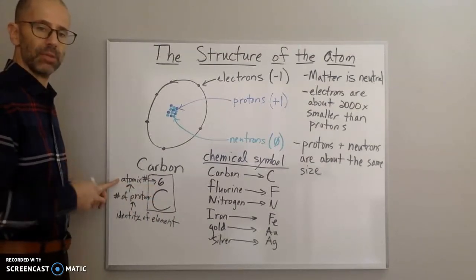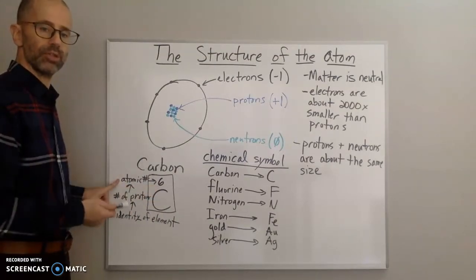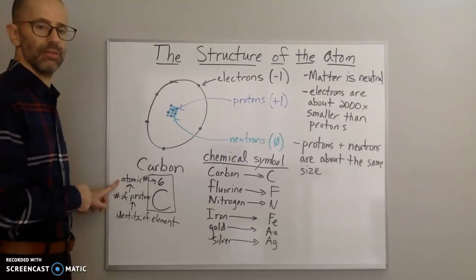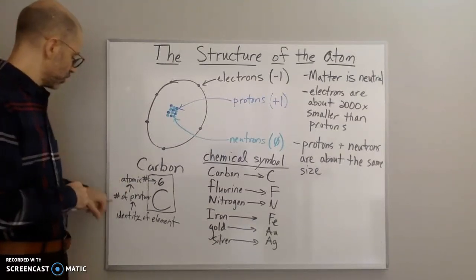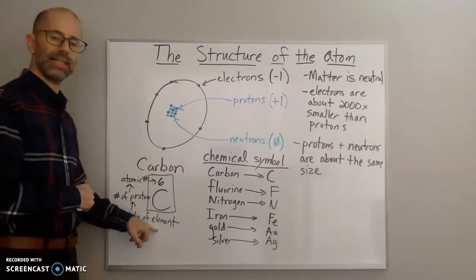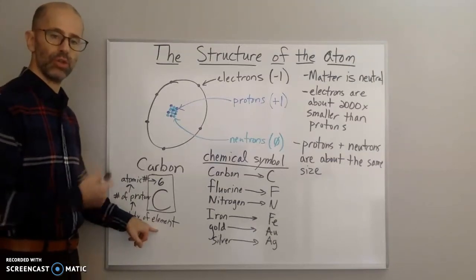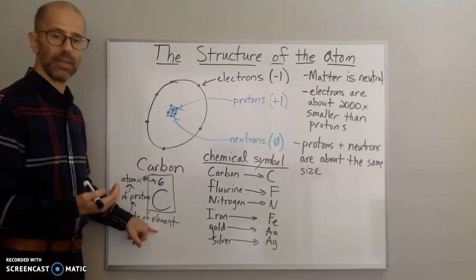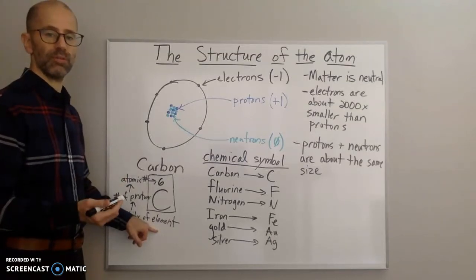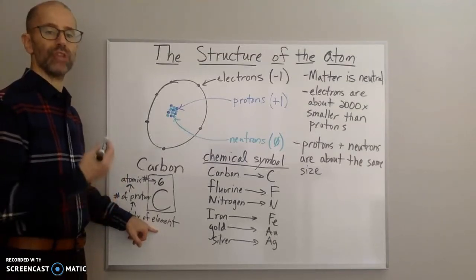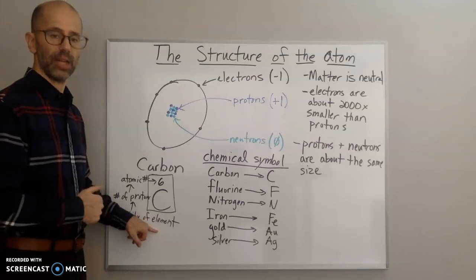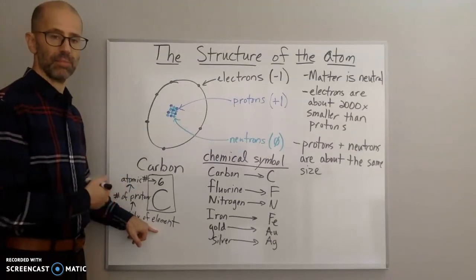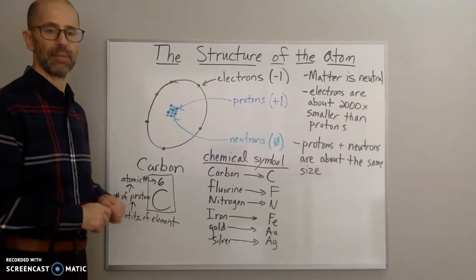The atomic number tells you the number of protons in an atom of that element. And the number of protons is what identifies the element. So if you know the atomic number, then you know the number of protons, and you should be able to identify the element as carbon if it has 6 protons or has an atomic number of 6.